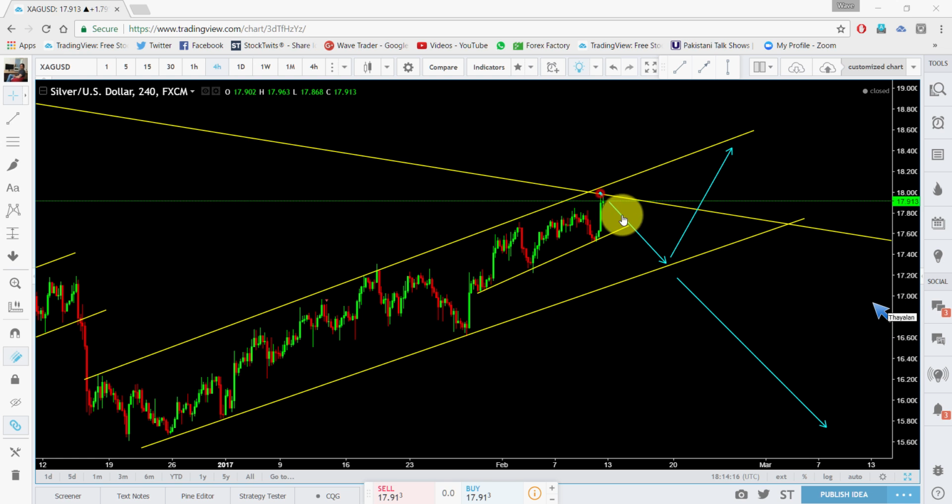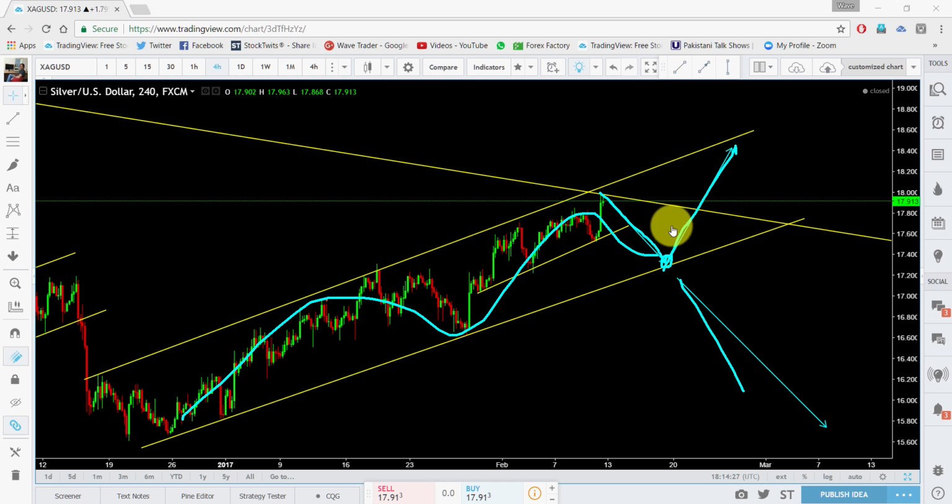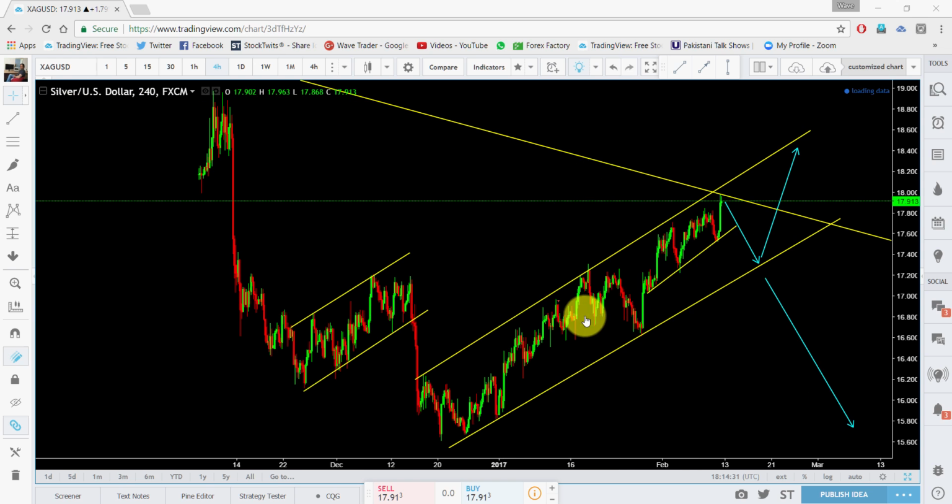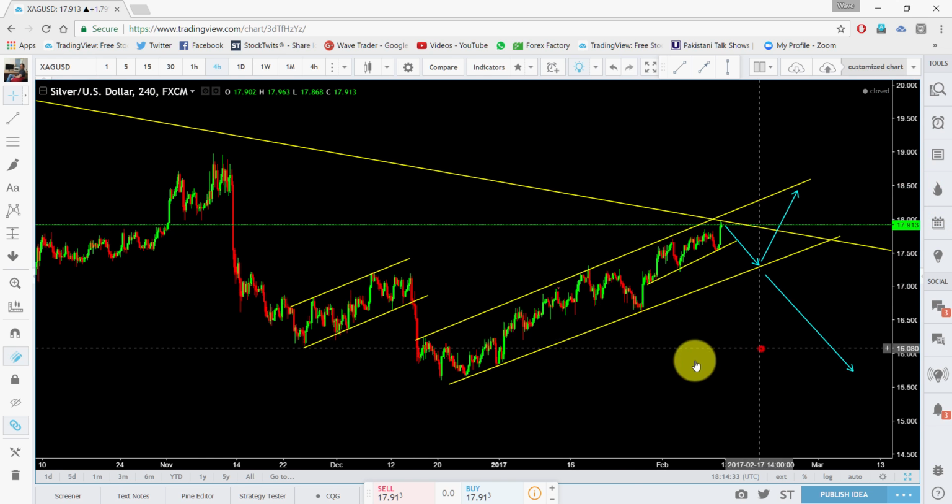We will try to catch this move and watch price action, whether it is going to continue or break down. Short-term trend is to the upside, but the longer-term trend will break down. This corrective uptrend will break down very soon.